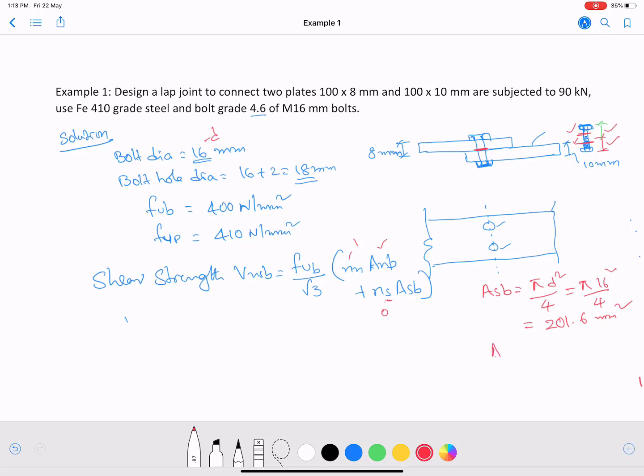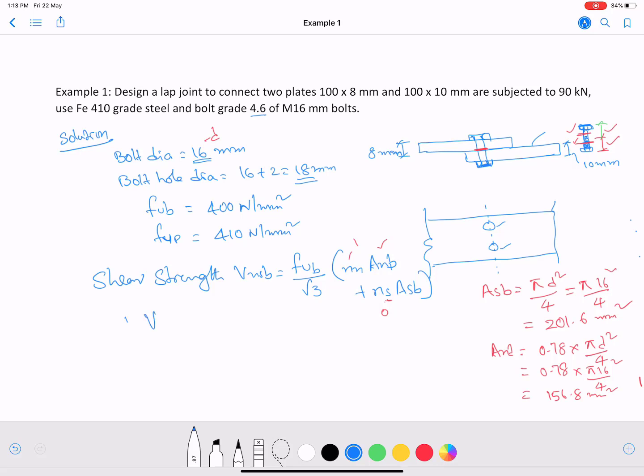ANB, we calculated as 0.78 times pi d square by 4, which is also equal to 0.78 times pi times 16 square by 4, which is going to be 156.8 mm square.